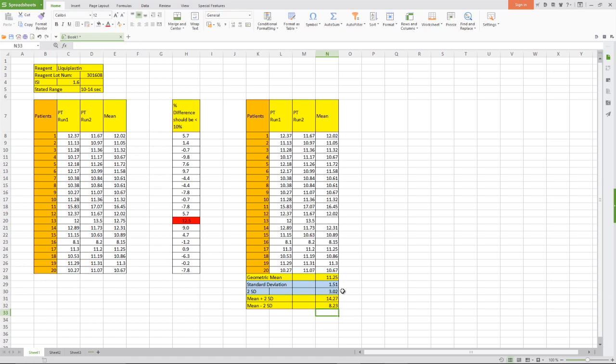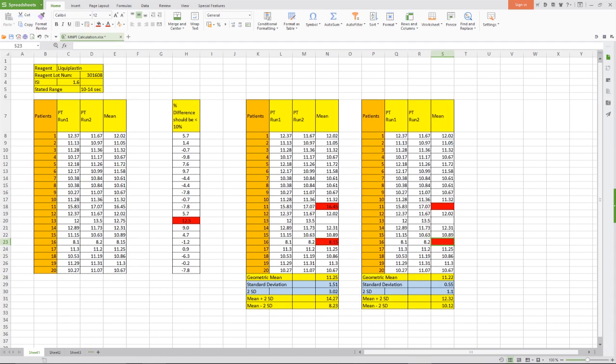Now, look through all the mean values to see if any exceed the specified limits. Exclude all these outliers. That is, any value that does not lie within this range. In our example, these values are 16.45 and 8.15. 16.45 is greater than 14.27 and 8.15 is lesser than 8.23. Calculate the new geometric mean with the inliers.